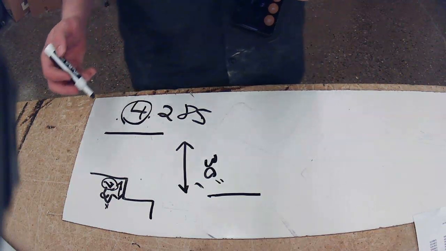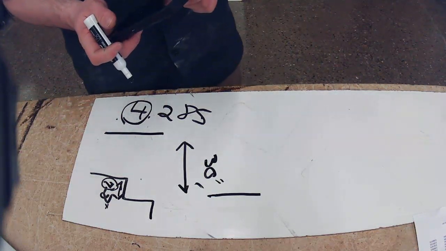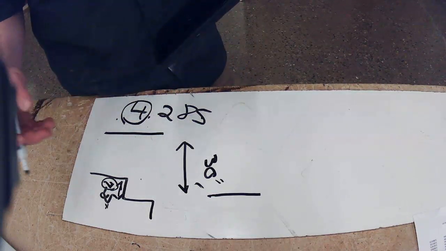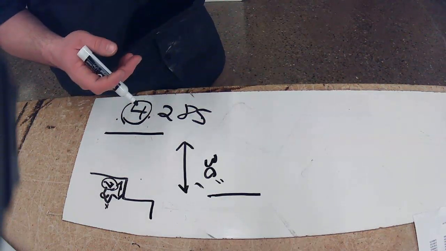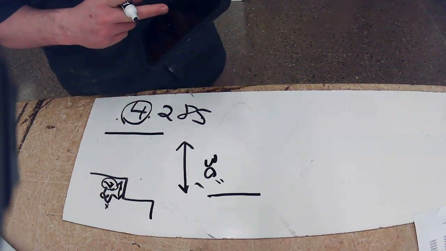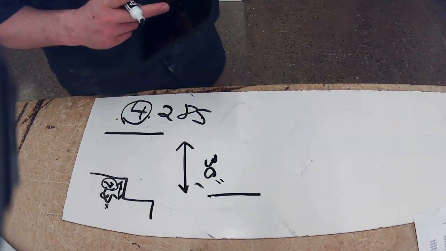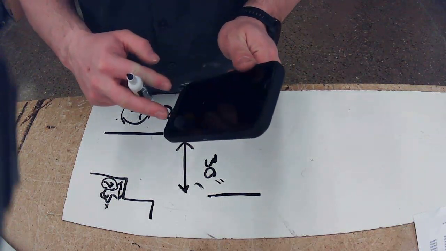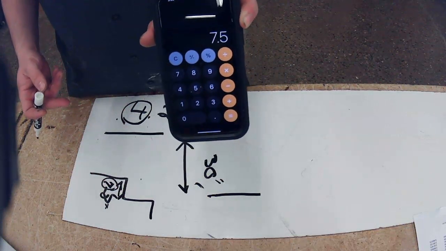All right, so we did 30 divided by 7. Always divide by 7, and then that's how you get it. So it was 4 right here. That's how many steps that we need. So then we do 30 divided by 4, and then that is 7.5.